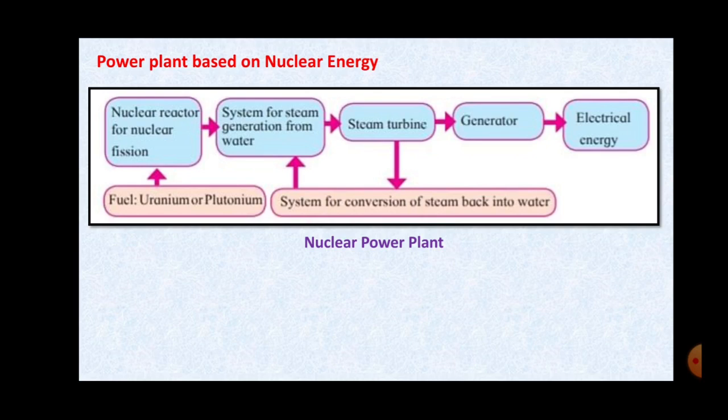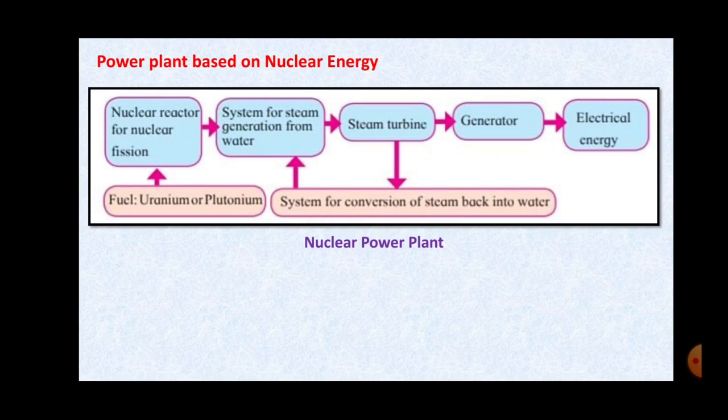In the previous one, the thermal energy or steam was obtained from the coal. Here also the steam is only being used to rotate the turbine, but the steam is heated by the energy which is released by the fission of the atoms of uranium or plutonium.